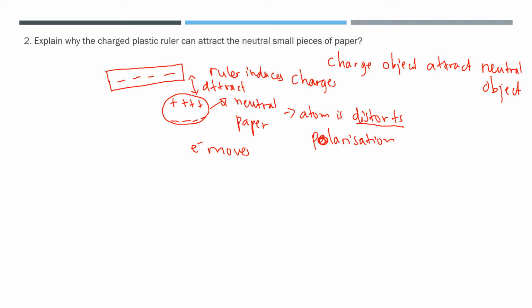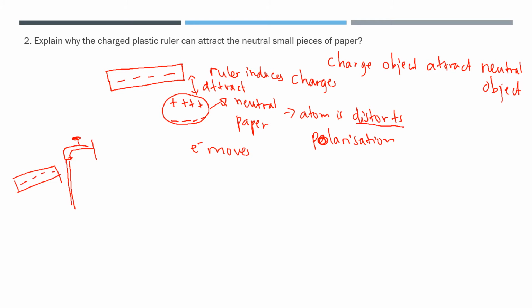This does not only happen with paper. If you bring a negatively charged object near tap water, this is the tap water, and there is a water flow here. Then you bring the negatively charged object near the water flow.